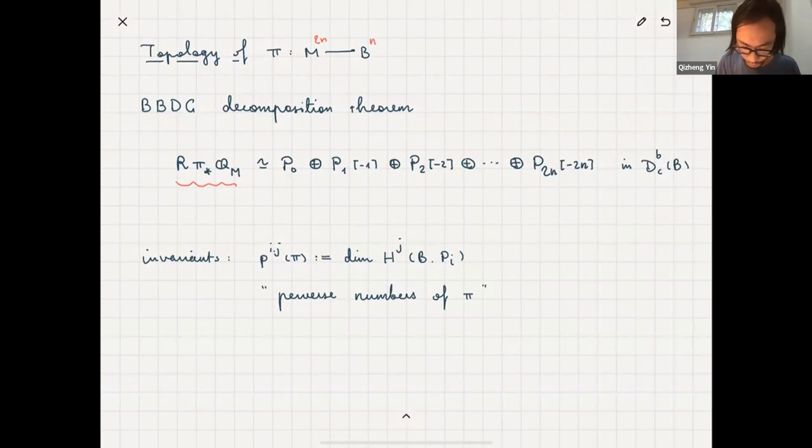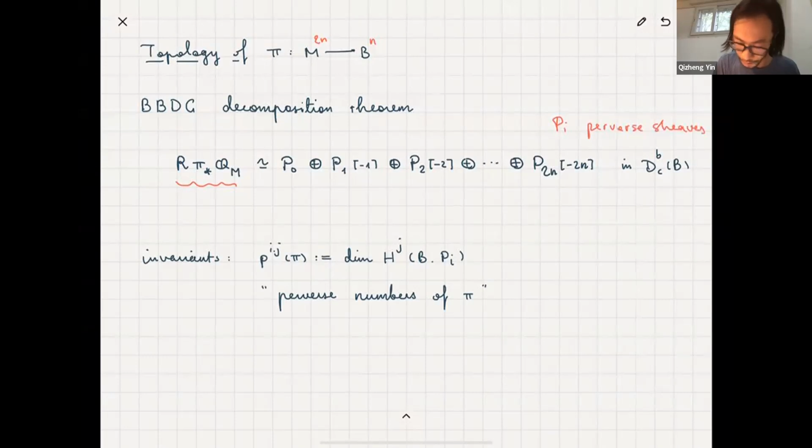I'm writing down a way to remember all the terms, and I'm deliberately messing up a lot of the shifts and indices, just to give you an idea of how many terms there will be. There will be 2n plus 1 terms labeled by P0 to P2n, and all these Pi are perverse sheaves up to a shift.